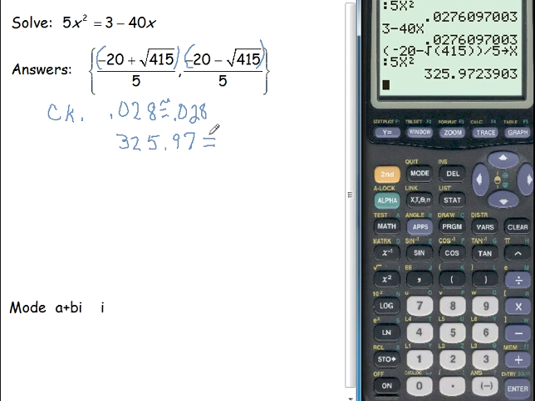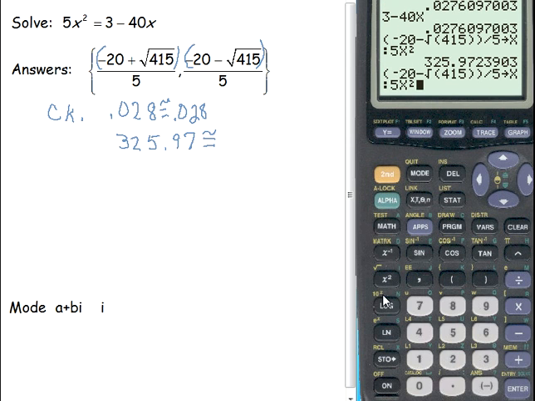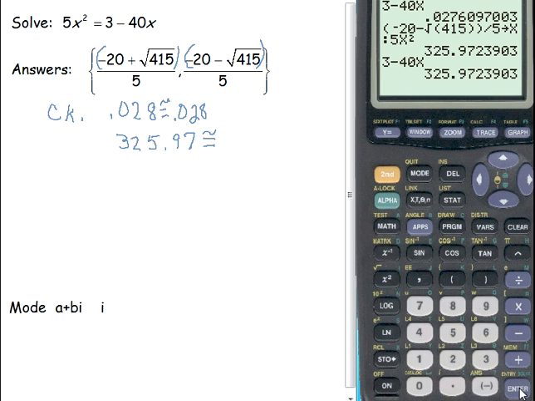And if I get that same value for the right side, I'll be happy. Okay, and then I'm going to hit second enter again, and I'll hit it twice so that I get back to that previous line, which was the right side, 3 minus 40x, or I could have just entered 3 minus 40x again, and then hit enter, and it does give me the same value on the left and right side. So I'm able to check that.